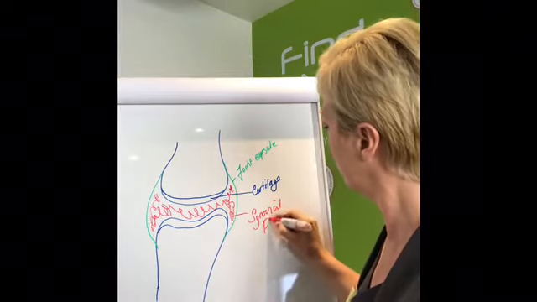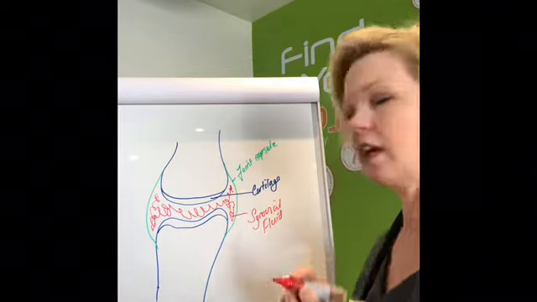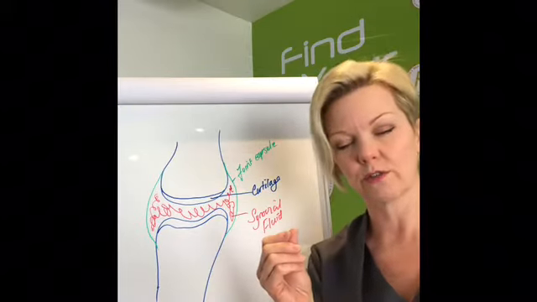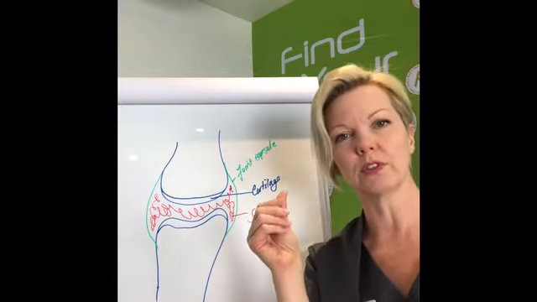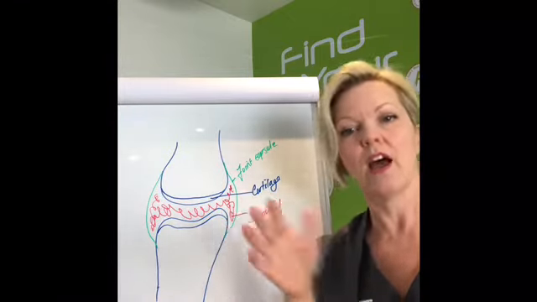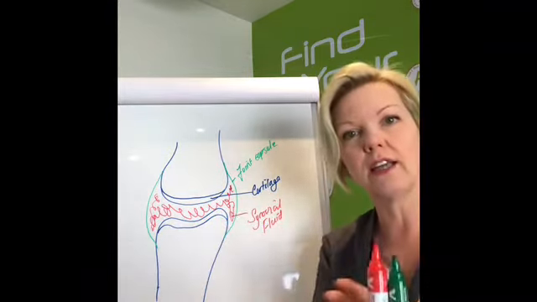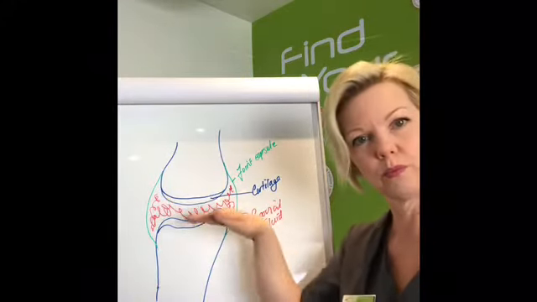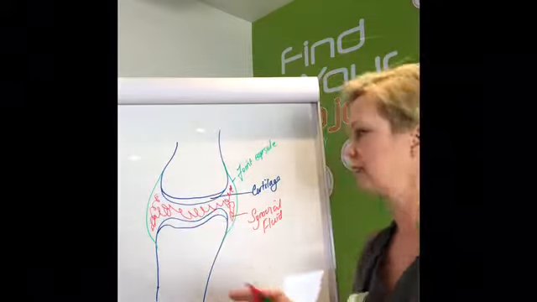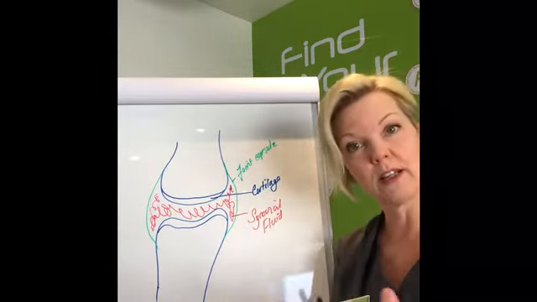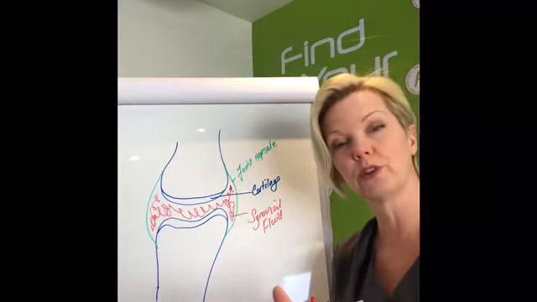Now, synovial fluid is wonderful stuff. The best I can describe, it's like this beautiful, silky, greasy type of consistency, and it's what allows for the glide of the joint surfaces, okay? So synovial fluid obviously is really important for the lubrication of the joint.